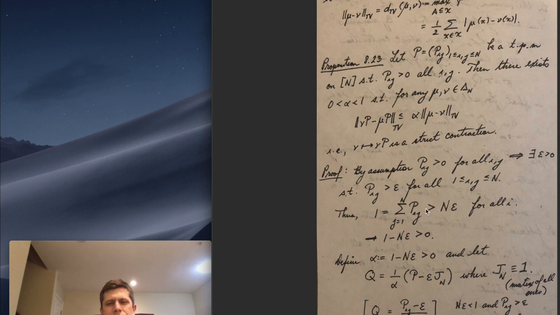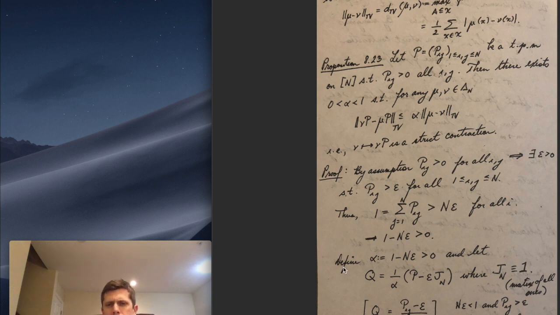We also know that each entry is strictly bigger than epsilon, so each row sum is also strictly bigger than n, the number of states, times epsilon. So this quantity 1 minus n times epsilon is strictly bigger than 0, and it's also strictly less than 1, because n times epsilon is positive.